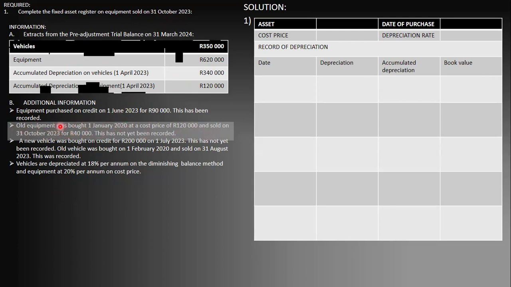And then from this information, we have the date on which the equipment was bought, which was on 1st January 2020. And we have the cost price. And we were told that this equipment was sold on 31 October 2023, right?